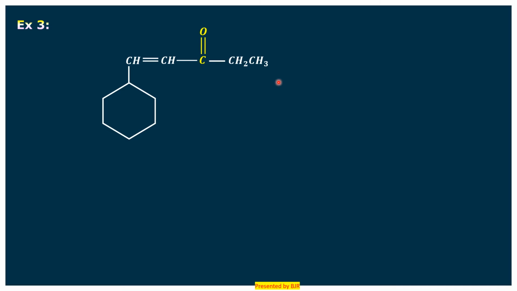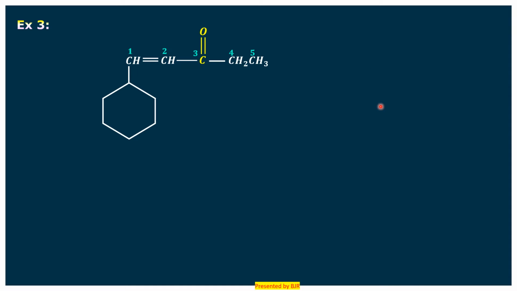We have to number the parent chain in such a way that the carbon atoms attached to the functional group and the carbon atoms bearing the multiple bonds get the lowest numbers possible. For that reason I am numbering the parent chain from left to right.